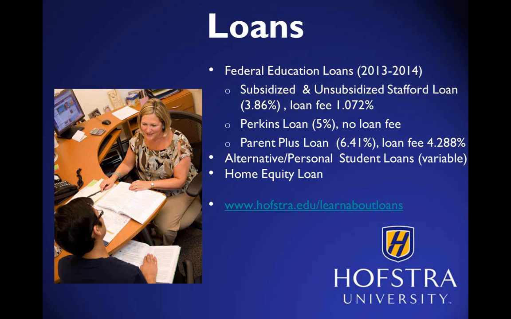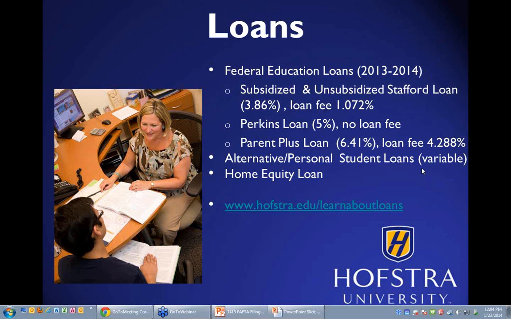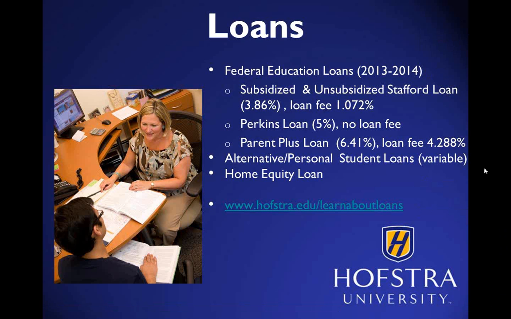It is 6.41% interest, and as long as the parent or parent with the endorser passes the credit check, the parent can borrow as much as needed to cover the entire cost of education for the year, including room, dining plans, and even more to get refunded to pay for other out-of-pocket costs like transportation. The PLUS loan has a 4.288% loan fee.